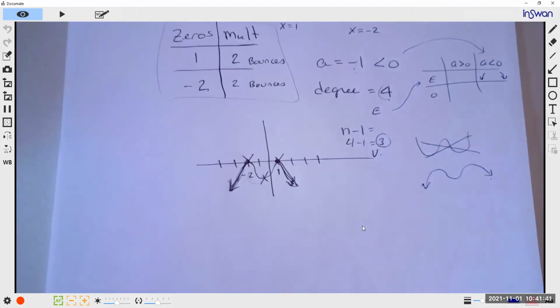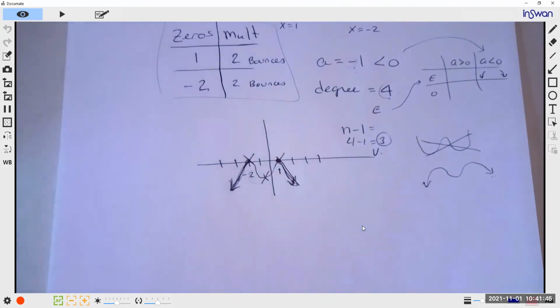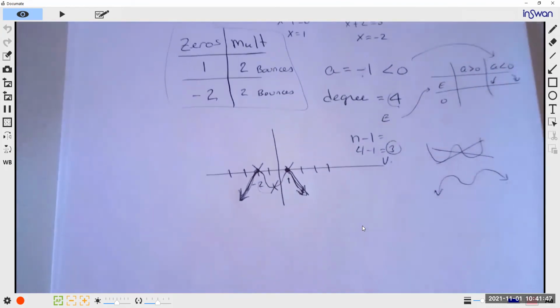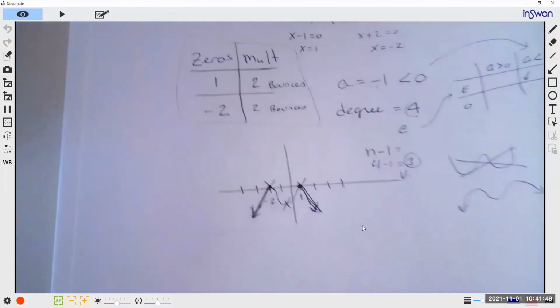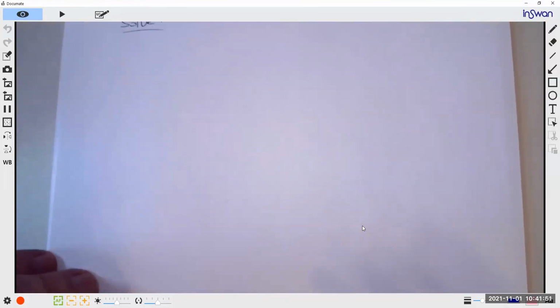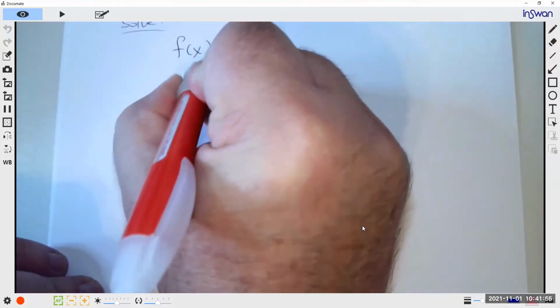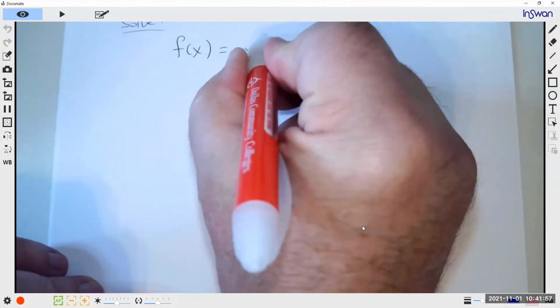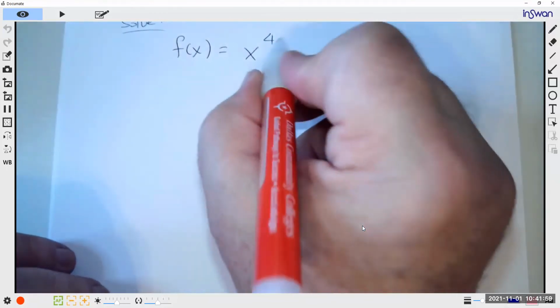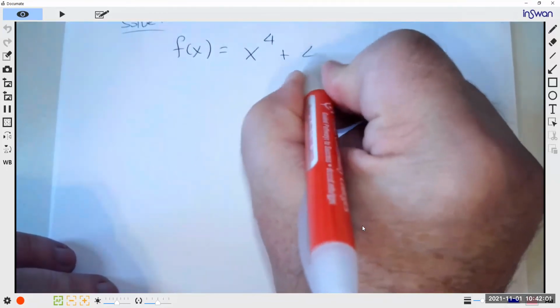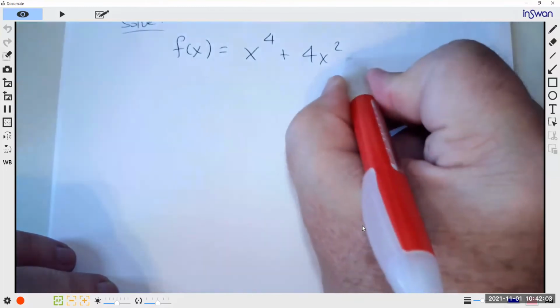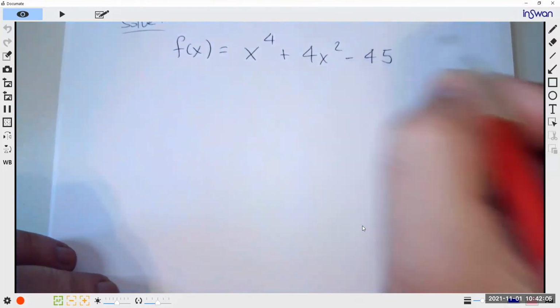All right. So let's do 2 examples, 2 methods, a continuation from what we did earlier. f of x equals x to the 4th plus 4x squared minus 45.